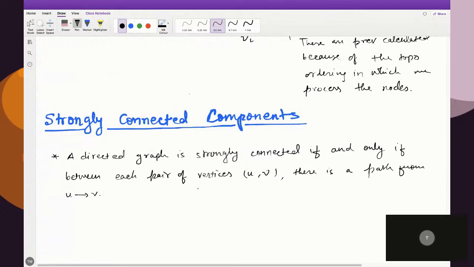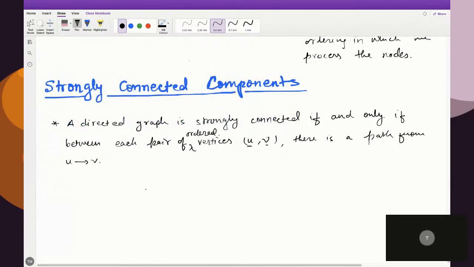Each pair of ordered vertices, let me call them, ordered in the sense that u to v and v to u are different. There has to be a path. So this is called strongly connected.